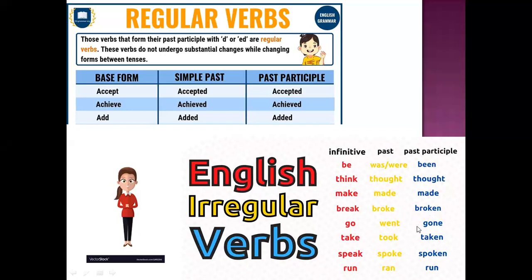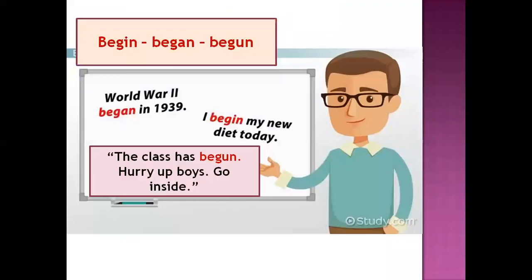Go, went, gone. Take, took, taken. Speak, spoke, spoken. Run, ran, run. See, we use totally different words. So these words are called irregular verbs. Let's have a look at some example sentences. This word, begin. Past form is began and the past participle is begun.